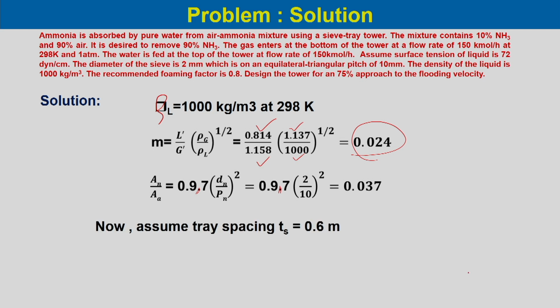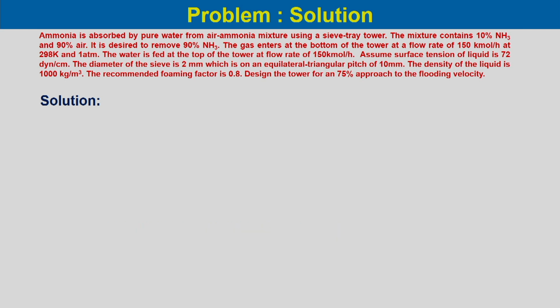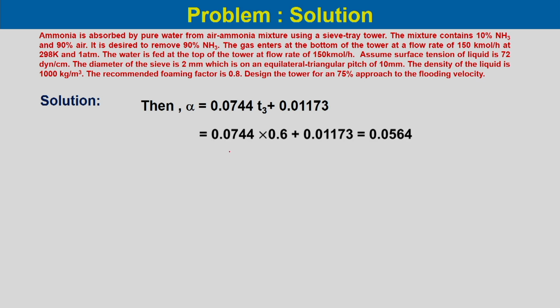Now, assume tray spacing Ts is 0.6 meter. Then we can calculate alpha, which would be equal to 0.0744 into 0.6 plus 0.0117, which is equal to 0.0564.